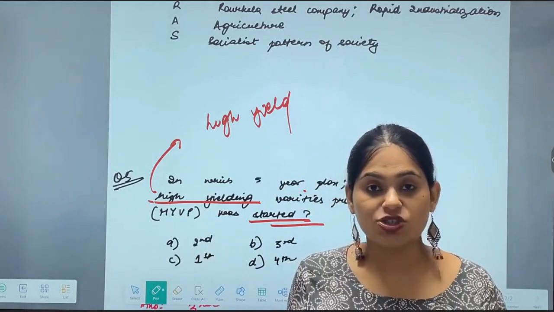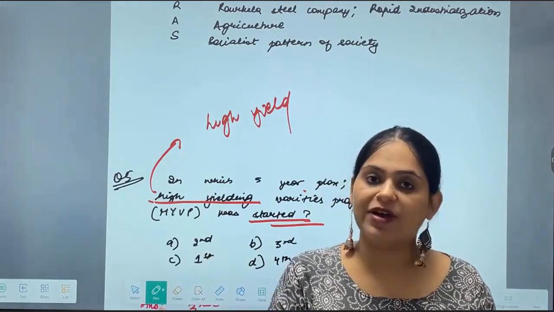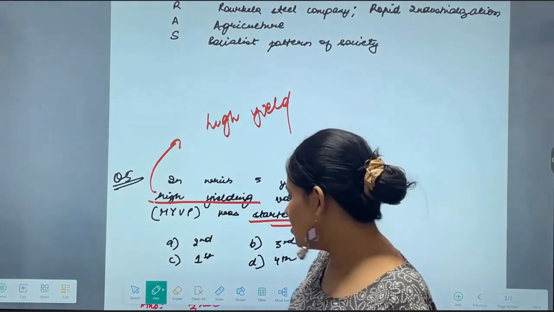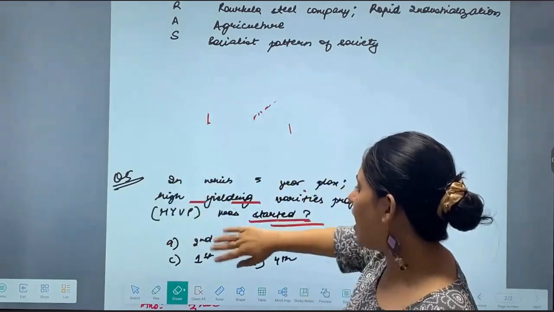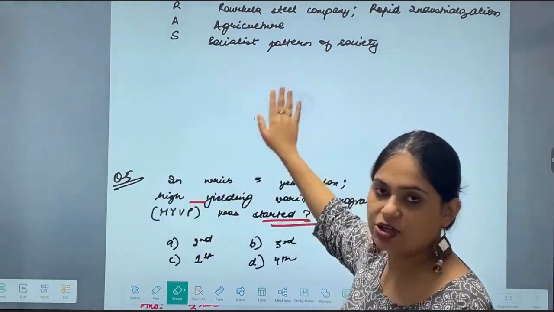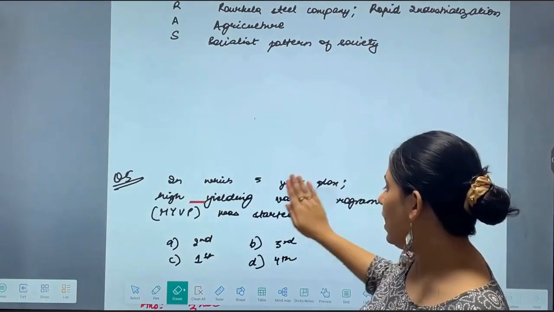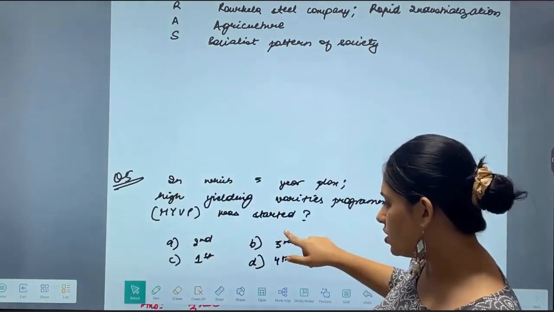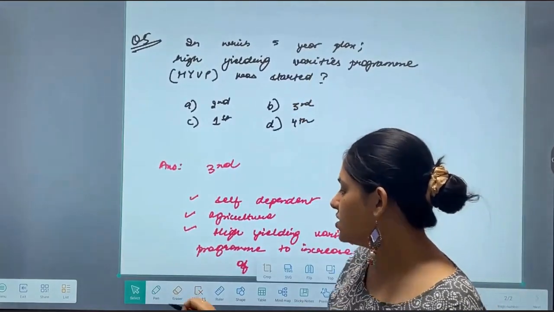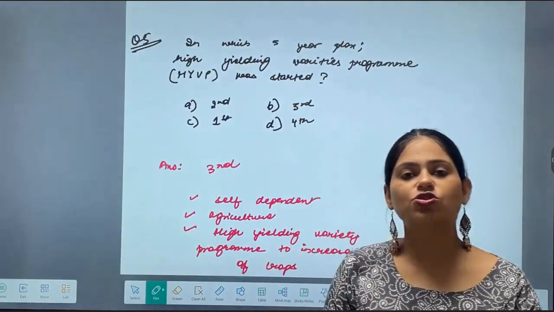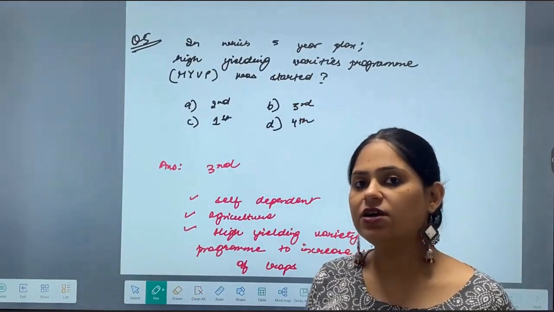I have better irrigation. I want to improve the yield of my crops. So we have already done this. It is very, very easy now. High yield means more focus on agriculture. More focus on agriculture happened in the third 5-year plan. So we know that the answer to this question should be the third 5-year plan.